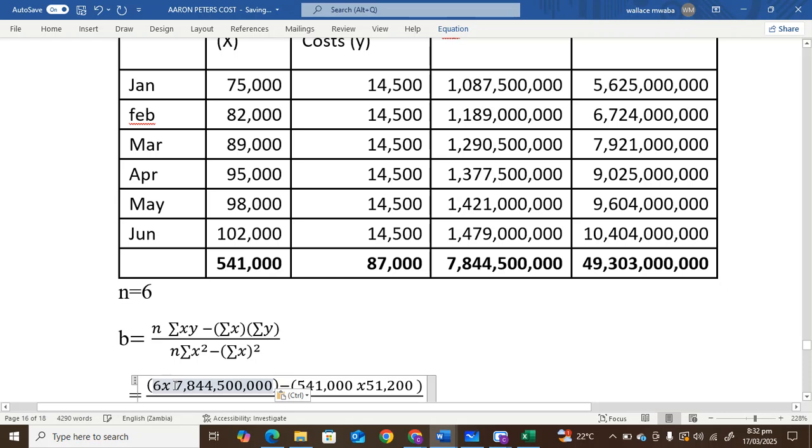So summation of x and y, we replace it here. Then sigma x, summation of x, is 541,000. Sigma y, summation of y, is 87,000.